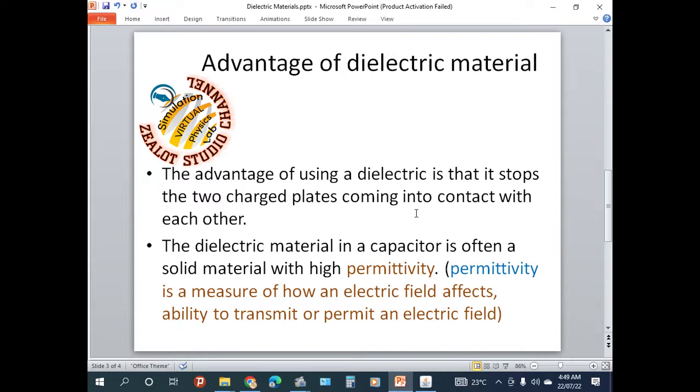One advantage is to increase the capacitance. And the next advantage of using dielectric material is that it stops the two charged plates coming into contact with each other.